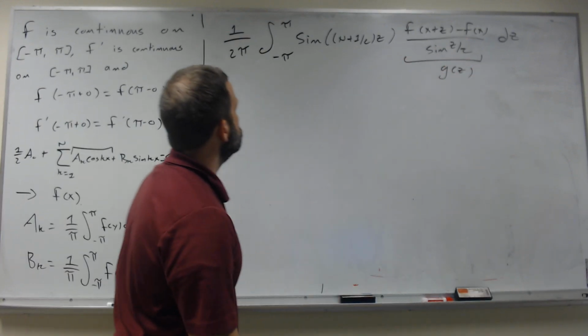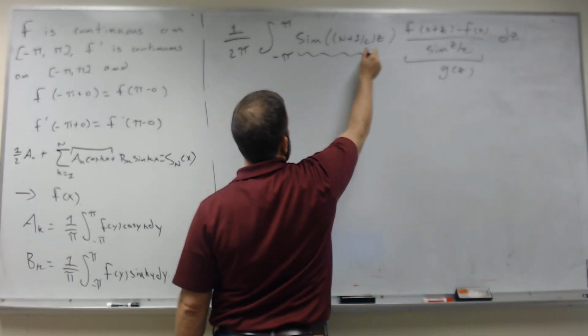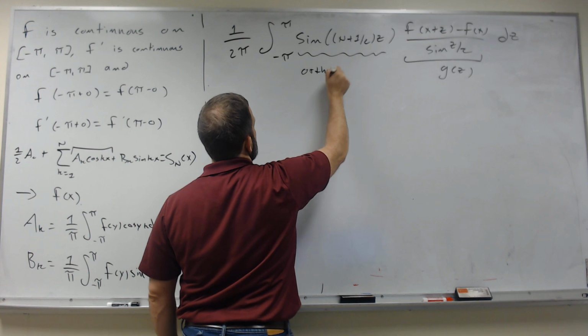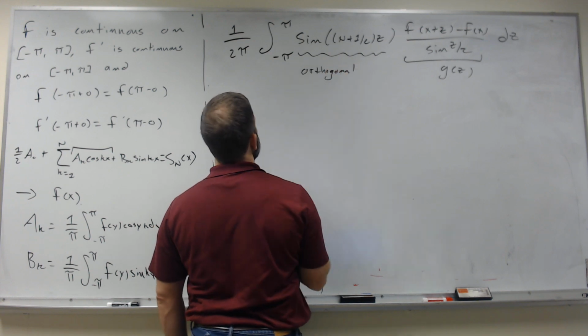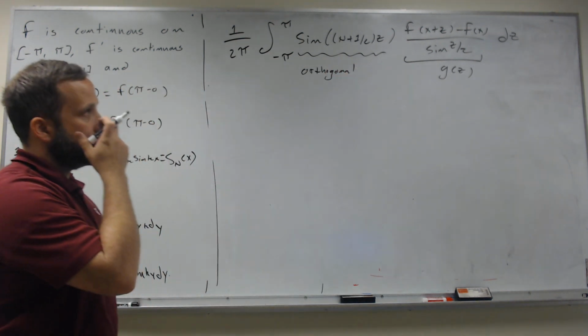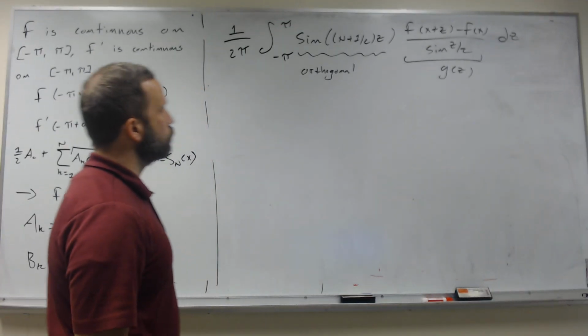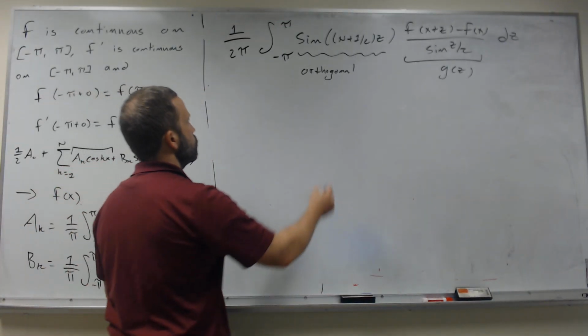Okay, and we're using the fact that this sequence of functions here is orthogonal. And actually, if we pick the right weight, if we do dz over pi, this is actually orthonormal.